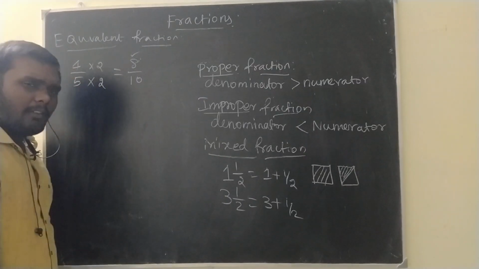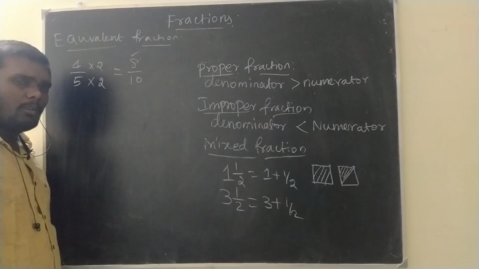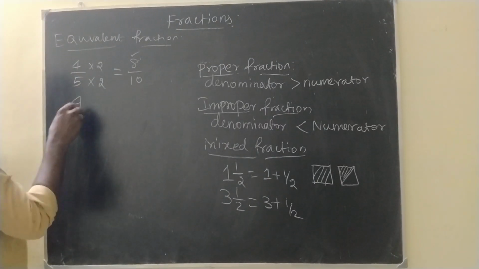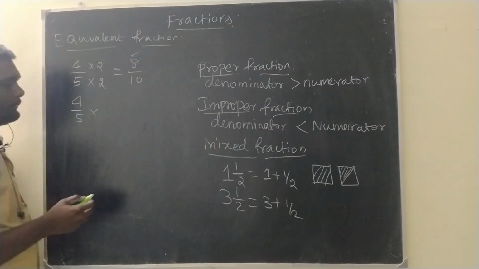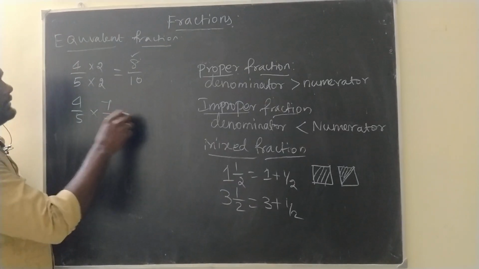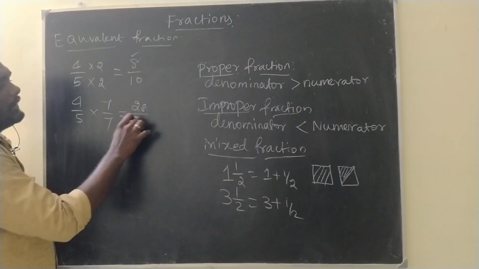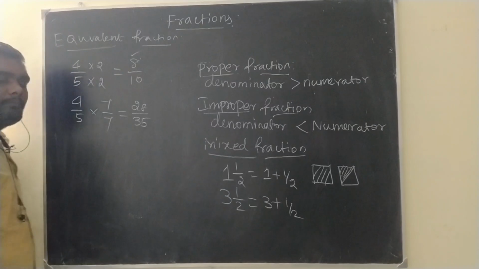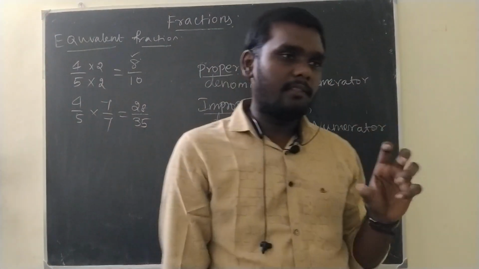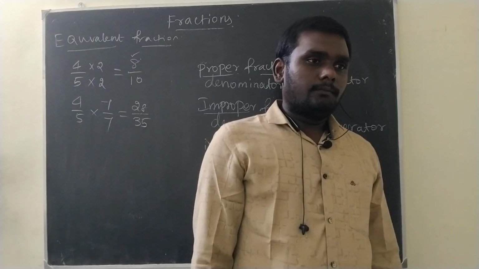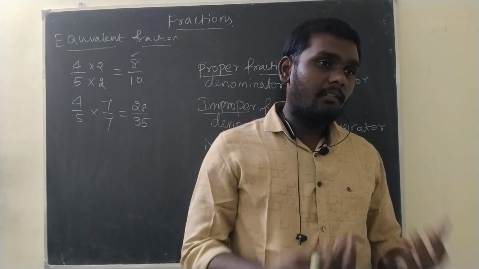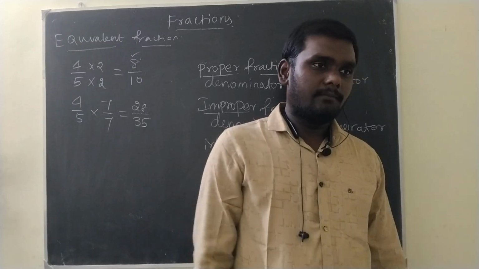Is it applicable for 2 only? We can take any other non-zero number. See, the same 4 by 5, we can multiply with 7 by 7, 8 by 8, whatever. 4 7s are 28 by 35. How many equivalent fractions can we say for a given fraction? Can you say how many equivalent fractions we can say for a given fraction?